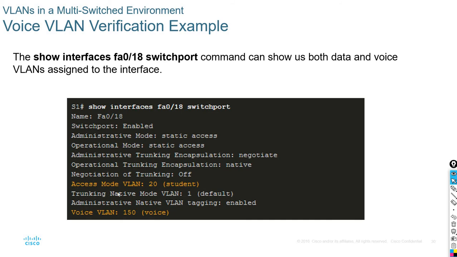In this highlighted part, access mode VLAN 20 student, and voice VLAN 150 for voice. So one for the data, one for the voice. You can see this highlighted: access mode VLAN 20, voice VLAN 150, by using the command show interfaces FA0/18 switchport here.